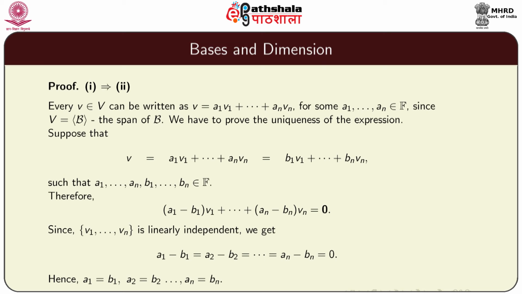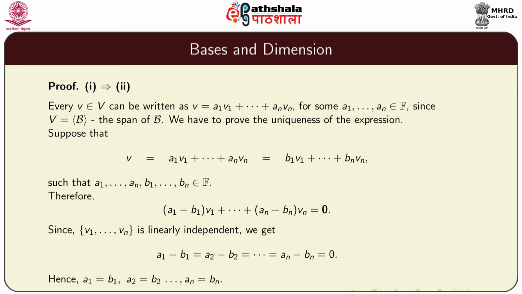So, let us rewrite v is equal to a1 v1, etc. up to an vn is equal to b1 v1, etc. up to bn vn, and we rearrange, which gives rise to (a1 minus b1) into v1 and so on up to (an minus bn) into vn, and that is equal to the 0 vector. But v1, v2, ..., vn is exactly the set B, and it is linearly independent.